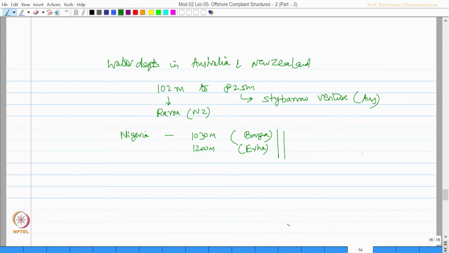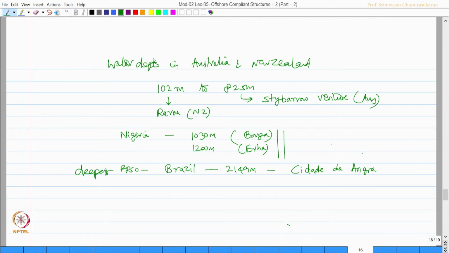The deepest FPSO, as I said, is commissioned in Brazil at 2149 meters, which is Cidade de Angra.